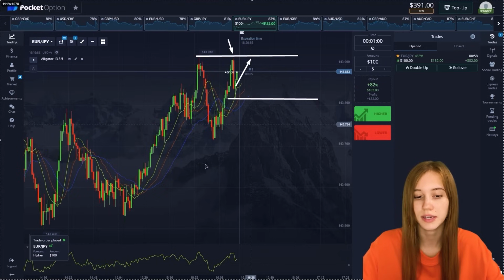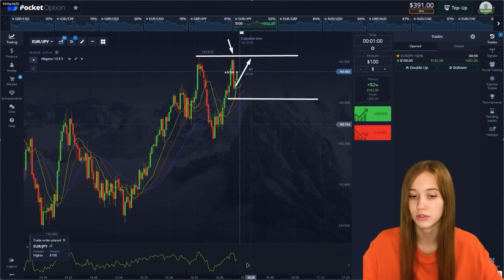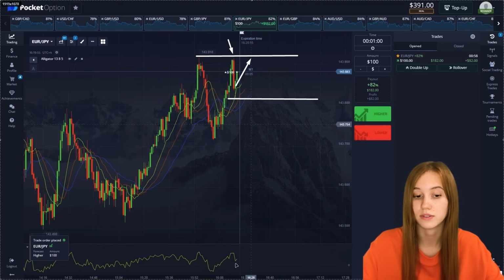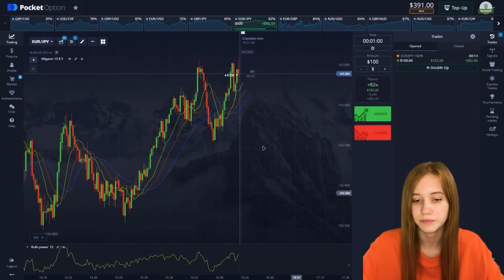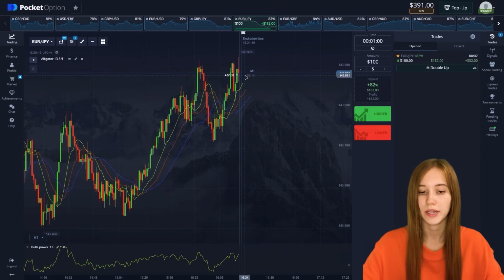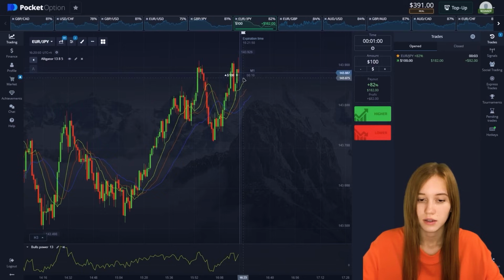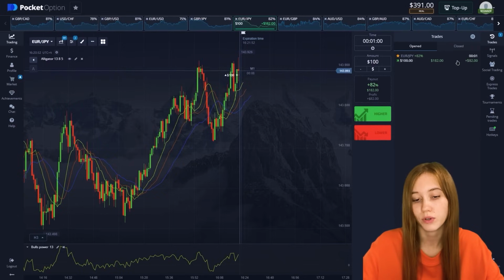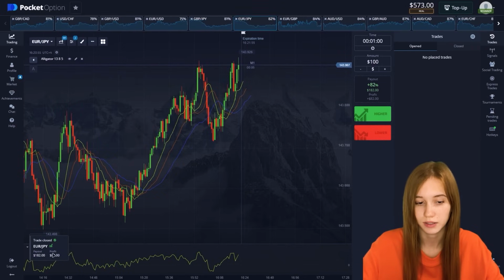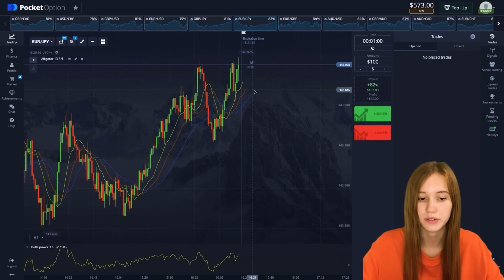According to the second indicator, we see the line is directed upwards. This is the fourth sign for opening upwards. Let's see the situation. And there are 10 seconds until the end of the deal. We open for an increase. A plus deal should be 4 seconds. And plus deal profit is $81.